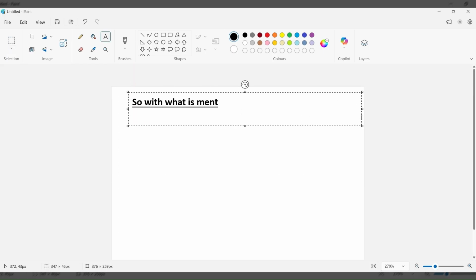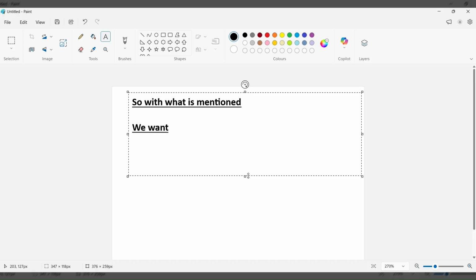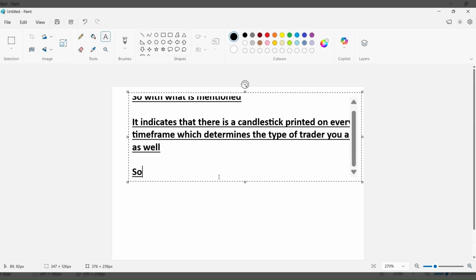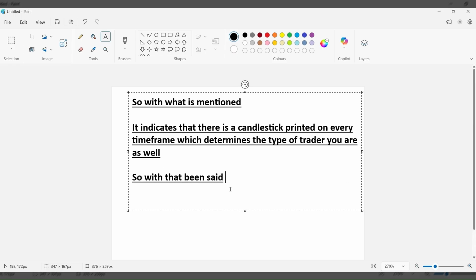What is mentioned indicates that there is a candlestick printed on every time frame, which also determines the type of trader that you are. I will explain that shortly, but we will get the hang of time frames as we have all the building blocks.